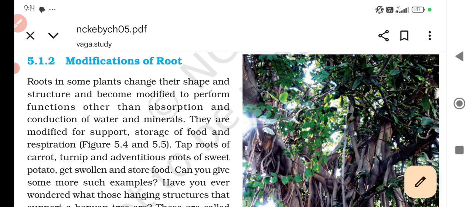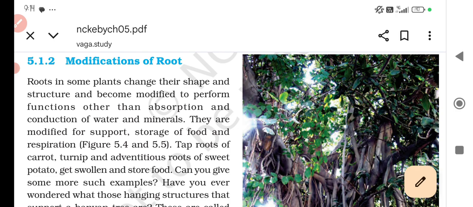Suppose we are talking about root modifications, then here the main role of the root is conduction of water and minerals. But since we are talking about its modification, there is change even in its physiology. That means even the function of the root changes.